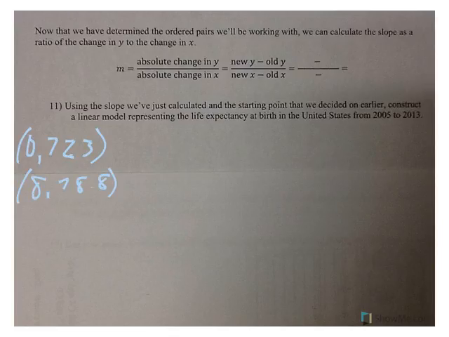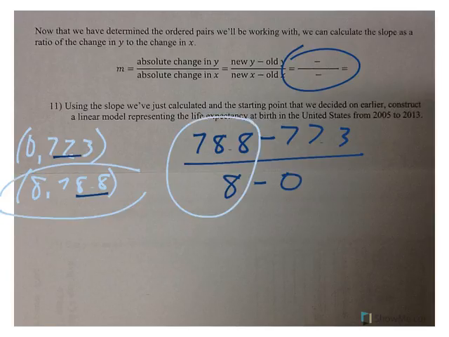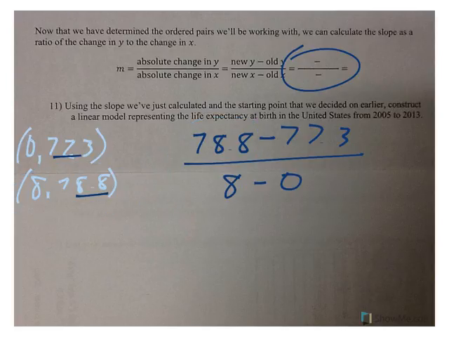When I want to find my slope, I take my y value, 78.8, and subtract 77.3, over 8 minus 0. Notice these numbers create these ordered pairs, so you always want to make sure that your ordered pairs are on top of each other. Then we subtract, and I get 1.5 over 8.